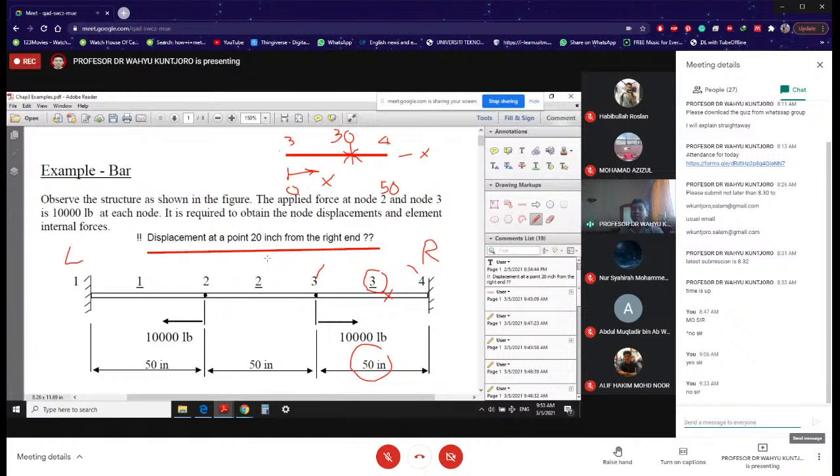I can ask you a different question, 20 inch from the left, or what about the displacement exactly at the middle? You have to solve it according to the procedure that I explained to you just now. With that, I finish this example. By explaining this, I have explained everything that you need to prepare for your test one. Is there any question?